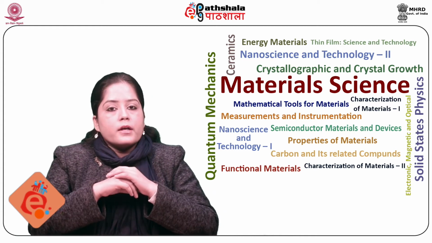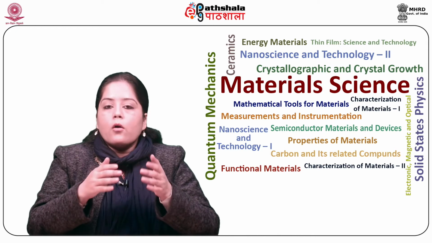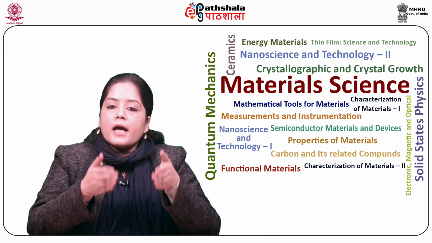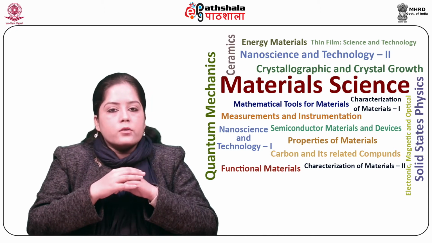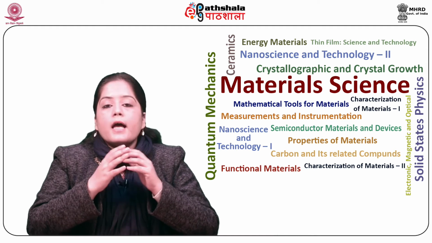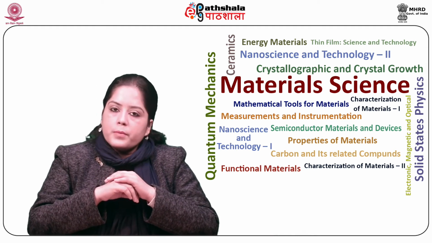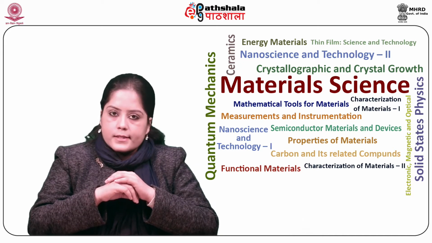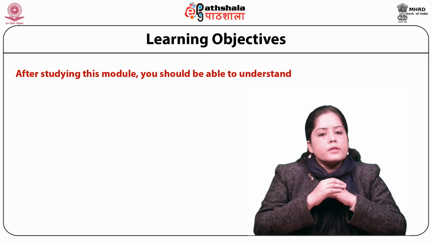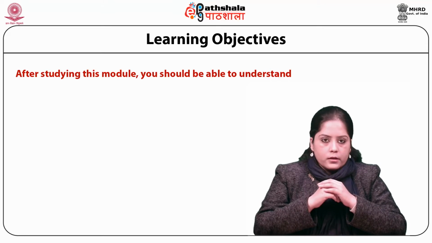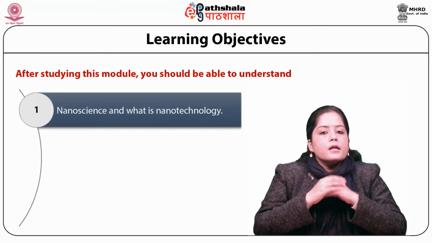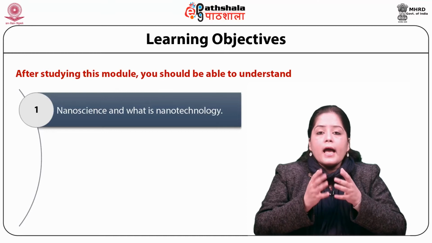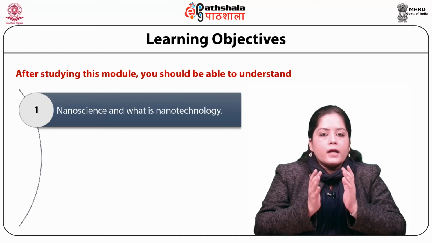So today we are going to discuss the module Nanoscience and Nanotechnology, an introduction, from the paper Nanoscience and Nanotechnology. So students, after completing this module, you will be able to know the following. First, nanoscience and what is nanotechnology.